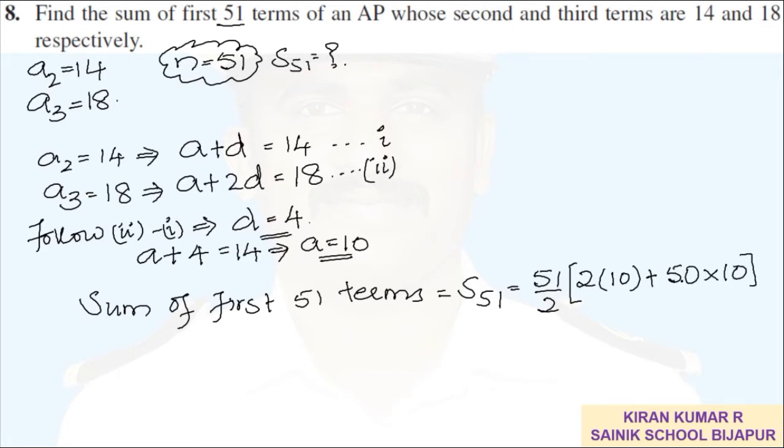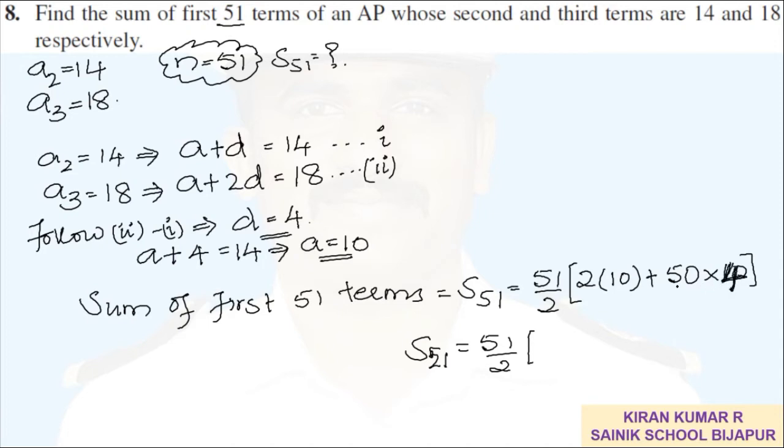So S51 will be equal to 51 by 2 multiplied to, this will be 20, this will be 500. Sorry, the value of d is 4.